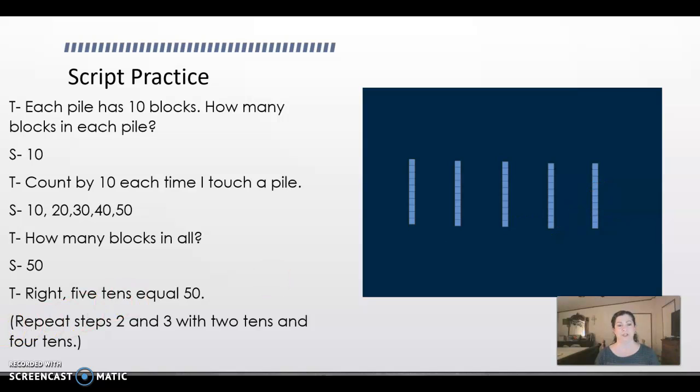Then the teacher would say, how many blocks in all? And students would respond, 50. And then the teacher would say, right, 5 tens equal 50. Then it leads you to repeat these steps 2 and 3 with 2 tens and with 4 tens to help students to learn place value.